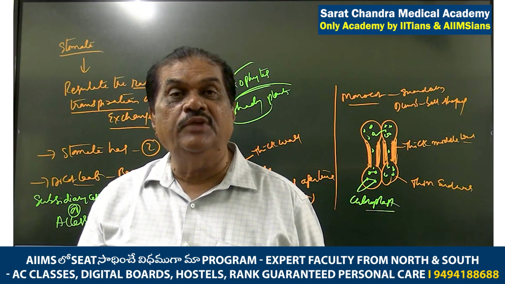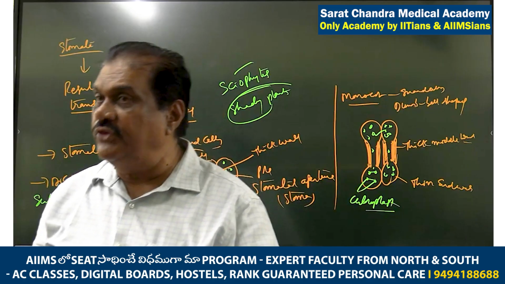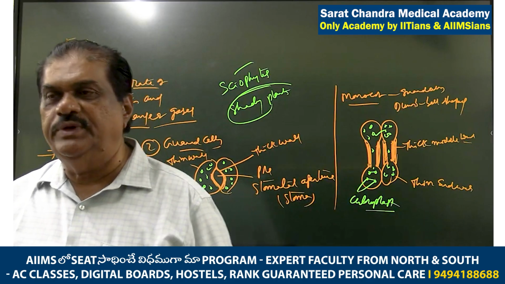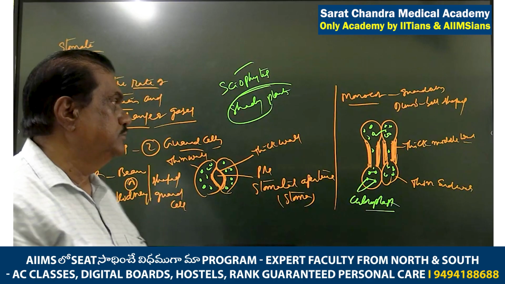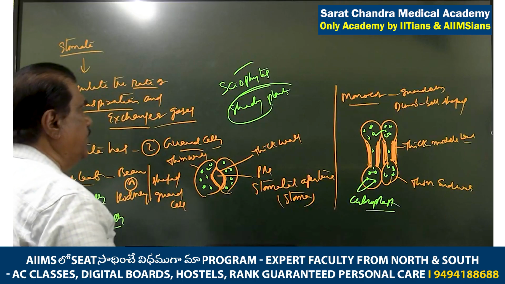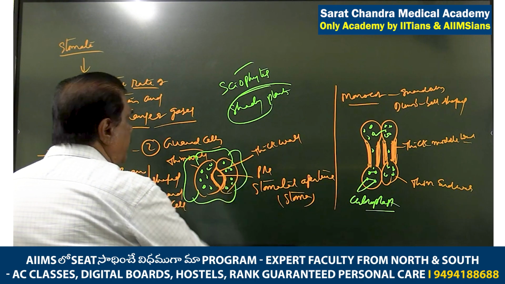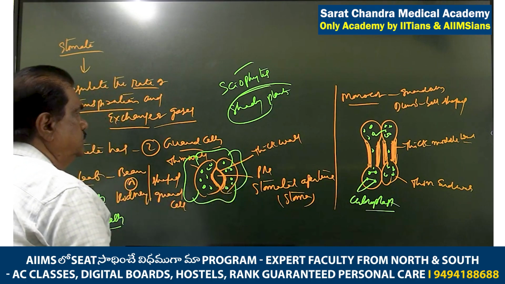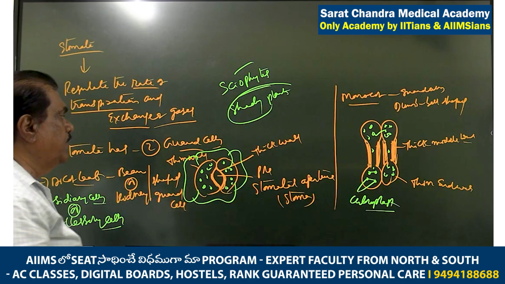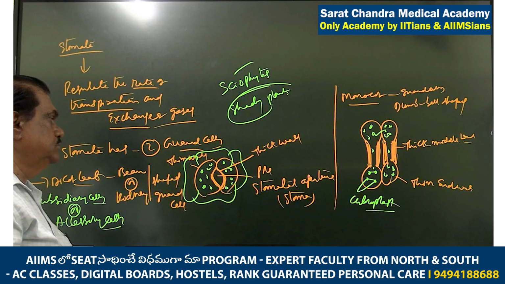Such epidermal cells are called subsidiary cells. The number of guard cells is only 2, while the number of subsidiary cells is 2 to many.